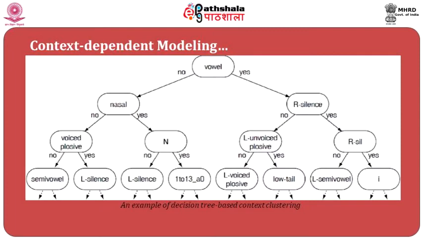For our system, we have used pentaphone clustering for better representation of supra-segmental effects. Hence, our question set will have center, left, right, left-left, right-right, etc. Following are typical questions from our question set. Is C a vowel? Is R silence? Is L nasal?